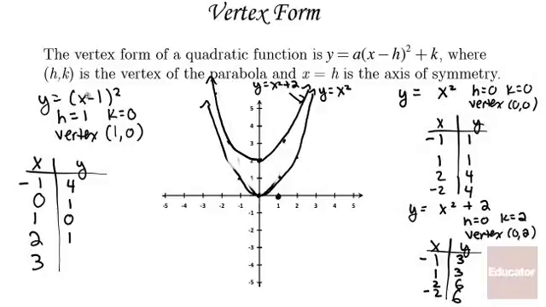One more point. 3 minus 1 is 2 squared is 4. So that's going to give me the points negative 1, 4; 0, 1; 1, 0, which is the vertex; 2, 1; and finally 3, 4. So I have this graph right here.